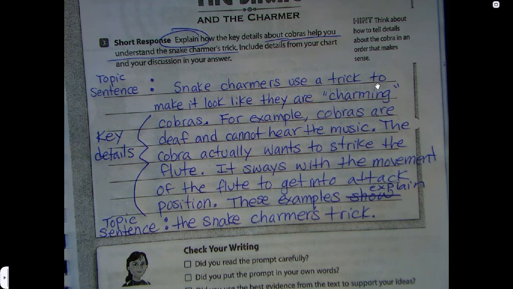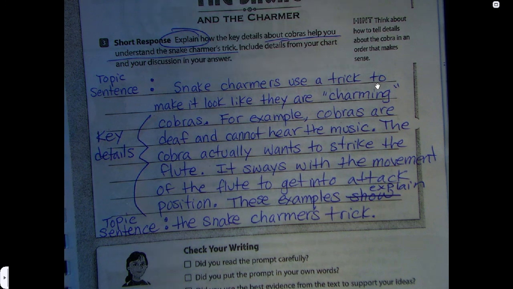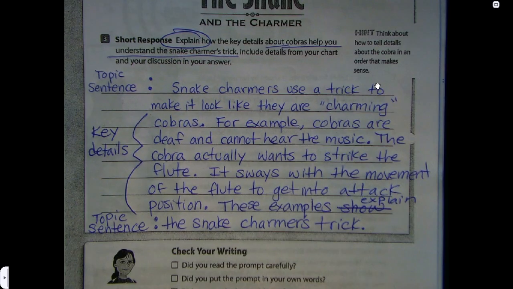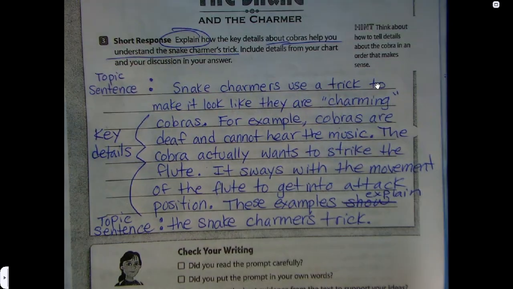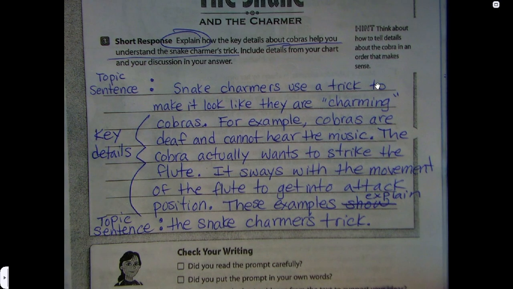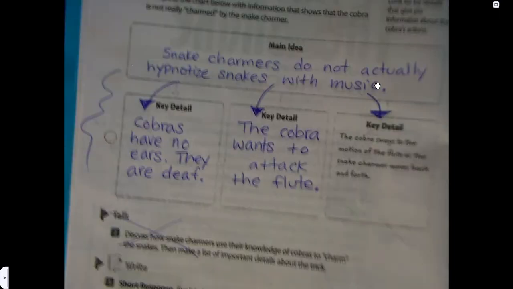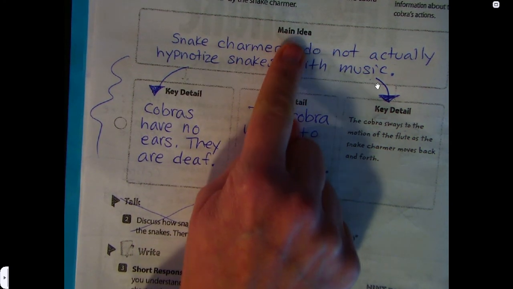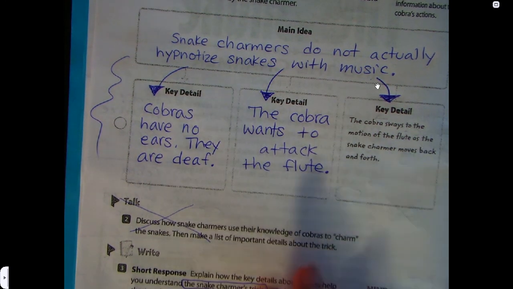Okay, so after watching this video and doing this work with me, you're going to do your exit ticket. Let's talk about what kinds of things will be in your exit ticket. You're probably going to need to type this paragraph for me. You might need to remember and recall the main idea and the key details.